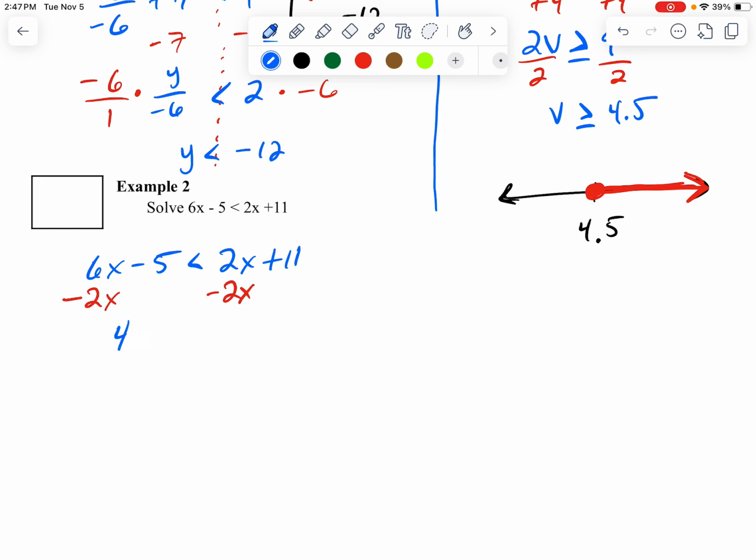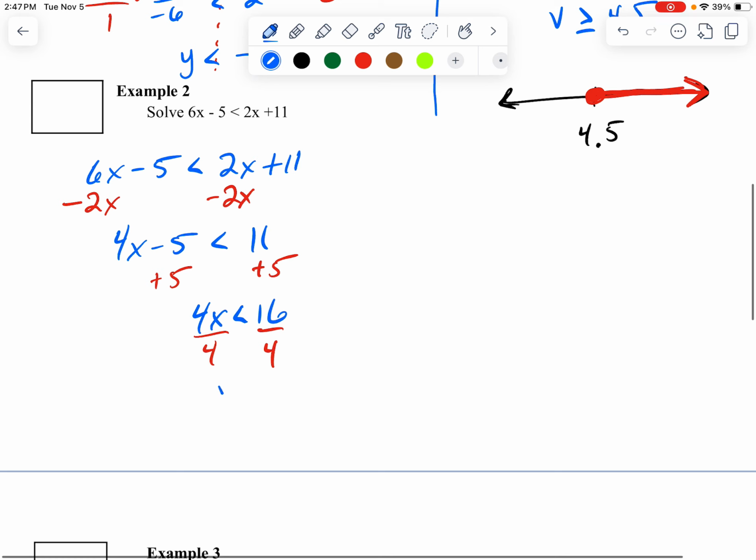So I end up with 4x, then minus 5 is still there, 11 on the right. Plus 5 to both sides. 4x is less than 16. And divide by 4. X is less than 4.